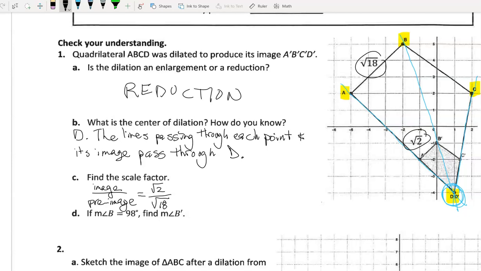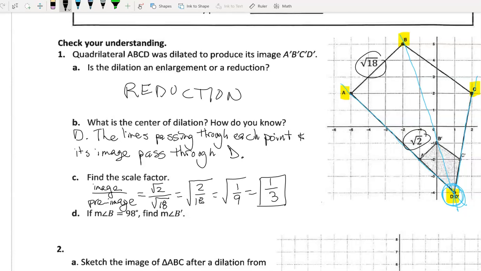We can put this all under a single square root, so that's the square root of 2 over 18, which is the square root of 1 over 9 if I reduce it. The square root of 1 is 1, and the square root of 9 is 3, so our scale factor is 1/3. Every original side has been shrunk down to 1/3 of what it was before.